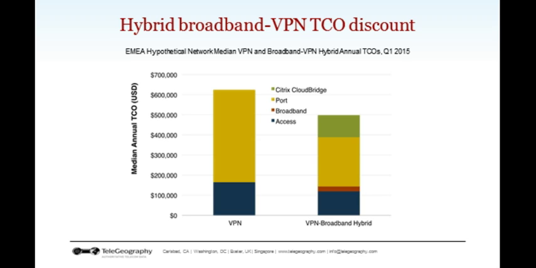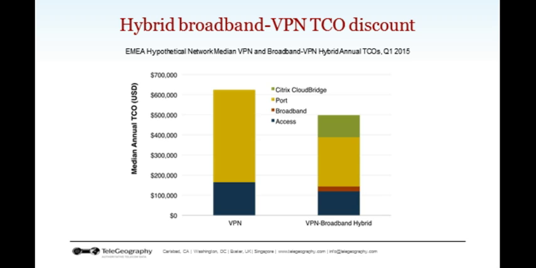And you can see that between the all-MPLS VPN and the VPN broadband hybrid network, we have a pretty big difference in total cost of ownership. We started out at about $625,000 for the all MPLS, and the access prices have gone down about 28%, which is significant. The port price has dropped by about 47%. But then we need to add in some new charges, because we've added in all those broadband subscriptions.